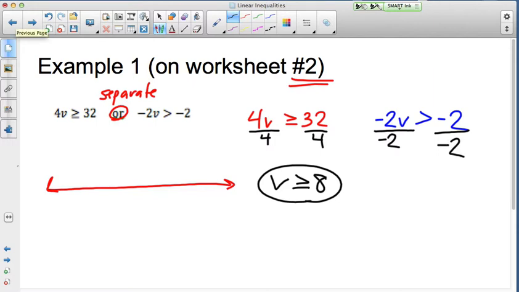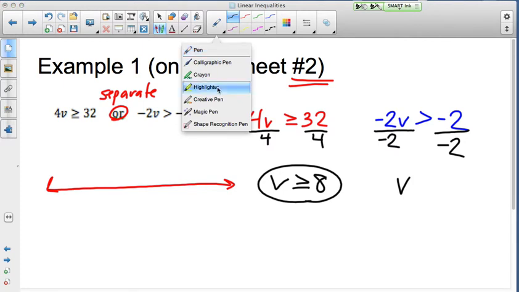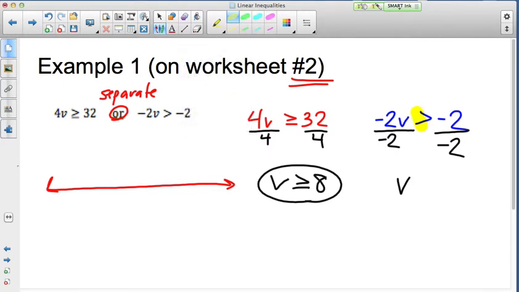And if you remember your rule, when you're dividing an inequality by a negative on the last step, the sign flips. So this inequality sign, since I divided by a negative on both sides, flips. And now -2 divided by -2 is 1. Okay, so here is the compound inequality that we'll graph.